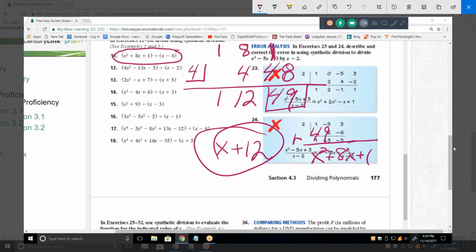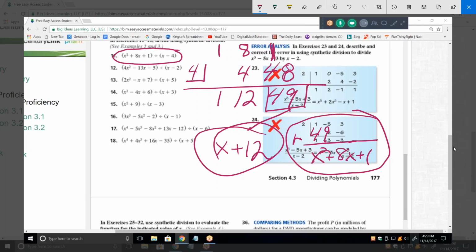If a polynomial is a factor of another polynomial, then when you divide the higher degree by the lower degree, you will get a remainder of 0 every single time. If you do not get a remainder of 0, then it is not a factor. And this is a good example. x minus 4 is not a factor of that quadratic. When you divide it, you get x plus 12 with this remainder that certainly is not 0.